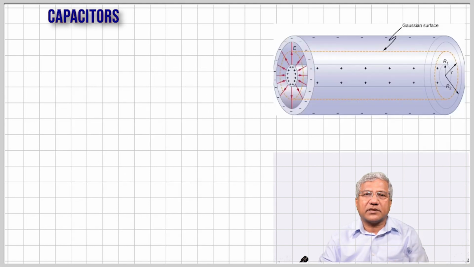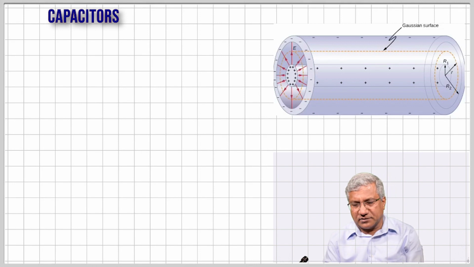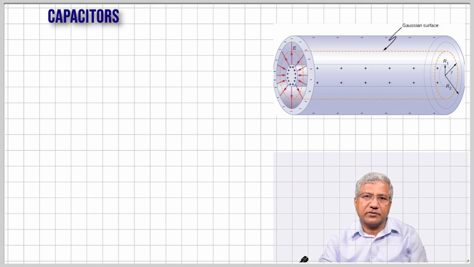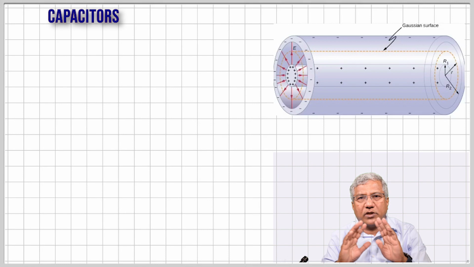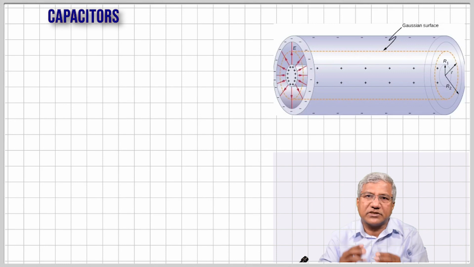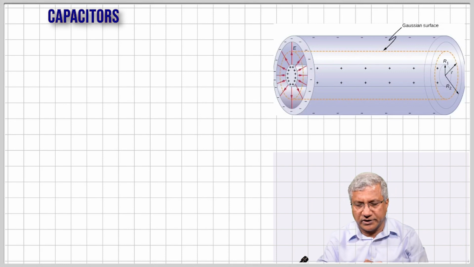So now let us take a look at the cylindrical capacitor. In a cylindrical capacitor, you have one aluminum cylinder inside another. They have different radii, given as R1 for the inner cylinder and R2 for the outer cylinder.